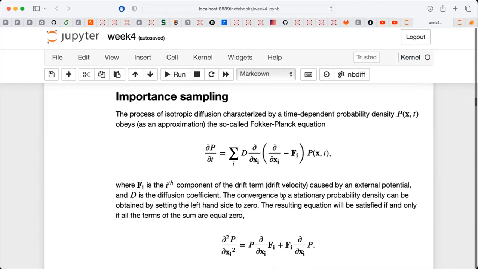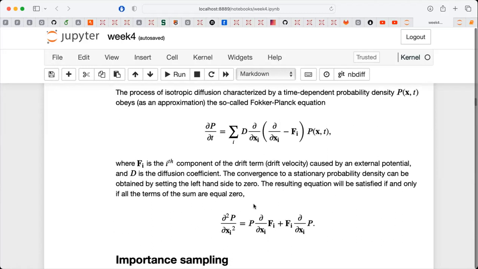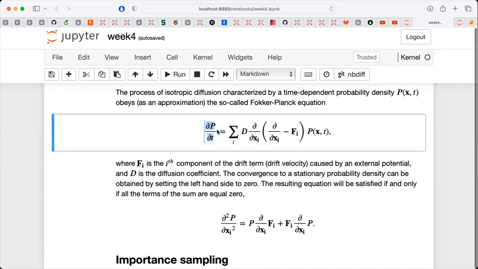If you now look at the probability, we have an equation here for when we have reached the most likely state, the steady state, which means the equilibrium position. This equation should converge to the steady state or stationary probability, which means that the probability here is time independent. So the left-hand side is equal to 0.